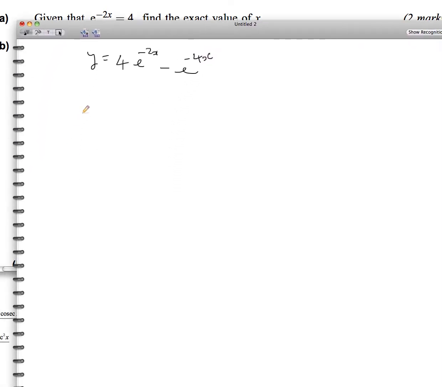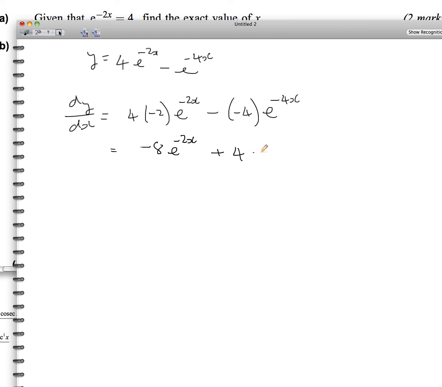So dy by dx is equal to 4 times the minus 2 e to the minus 2x minus minus 4 e to the minus 4x, which equals minus 8 e to the minus 2x plus 4 e to the minus 4x.